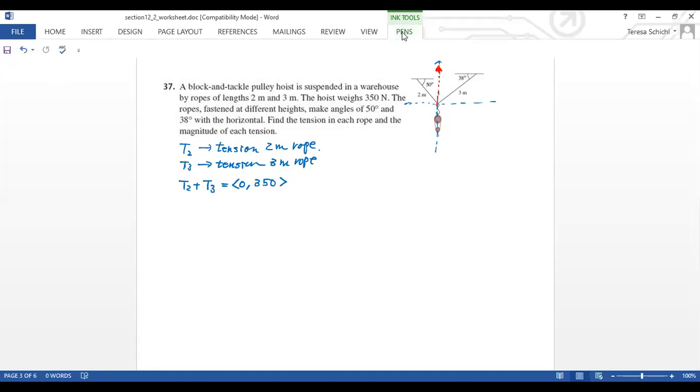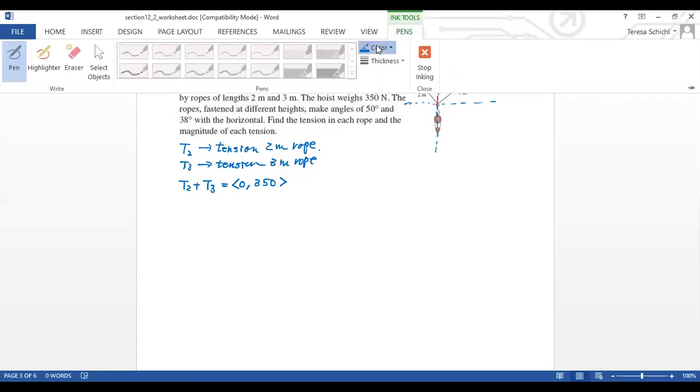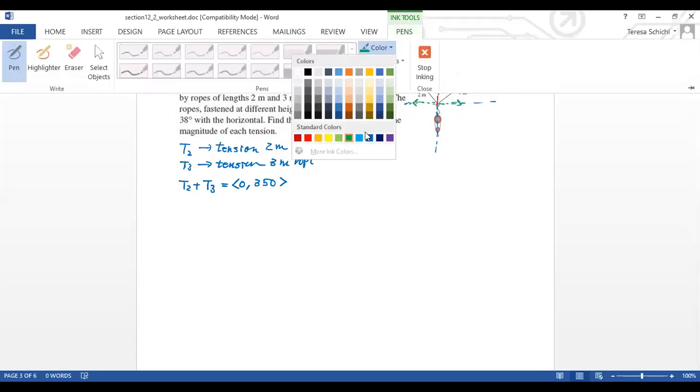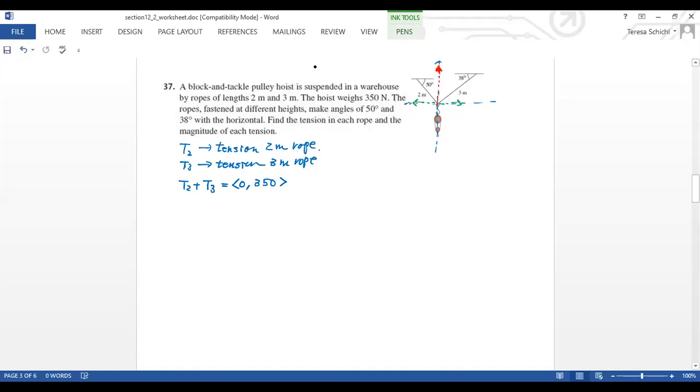Because this thing is not moving, the horizontal parts of T2 and T3 are balanced. They counterbalance each other, so that sums to 0, and the whole thing is pulling it up. All right, so now let's take a look at how we solve it. I know T2 plus T3 balances the 350 here.